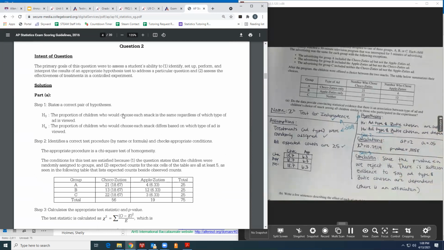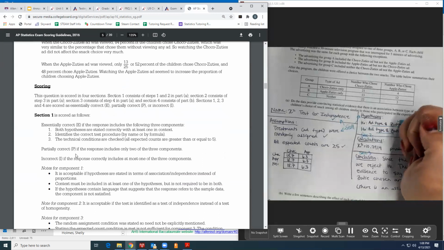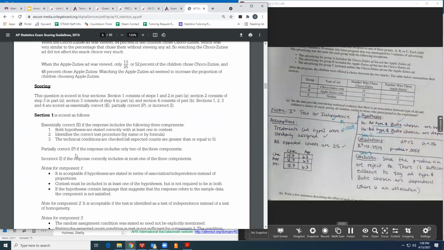And they would have taken the proportion of children who would choose each snack type is the same regardless of which ad is viewed, and the proportion of children who would choose each snack type differs based on which ad is viewed, as my 2 possible hypotheses. So there's 3 ways you can do it. Either way, I got the credit. I got the credit for the name.